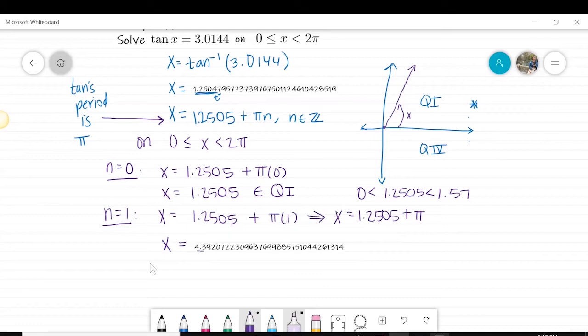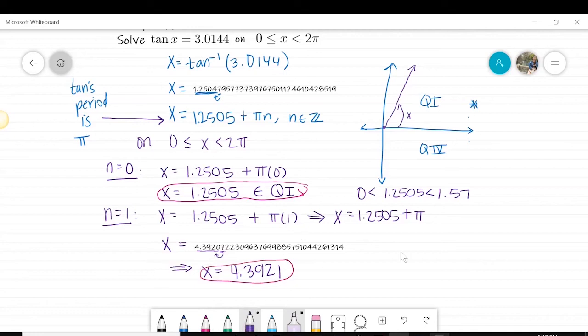So 1, 2, 3, 4 decimal places, and that 7 again is going to let us know what we have. So this gives us x is 4.3921. So that's a second answer or a second value, right? We had one right here, and we'll have a second one right here, and it is worth finding out, well, what quadrant does that live in?